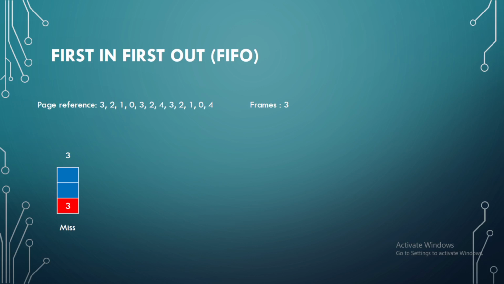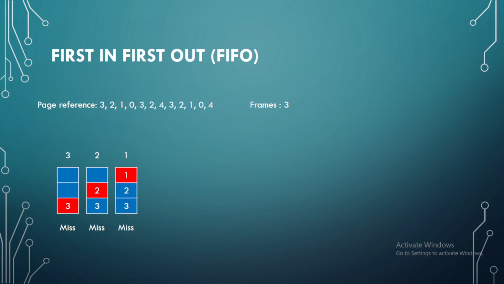And then the next page needed is 2. 2 is not available, so 2 is brought into the primary memory, so there is another miss. And then page 1 is needed, 1 is not available in the frame, so 1 is brought into the primary memory, so there is a third miss.